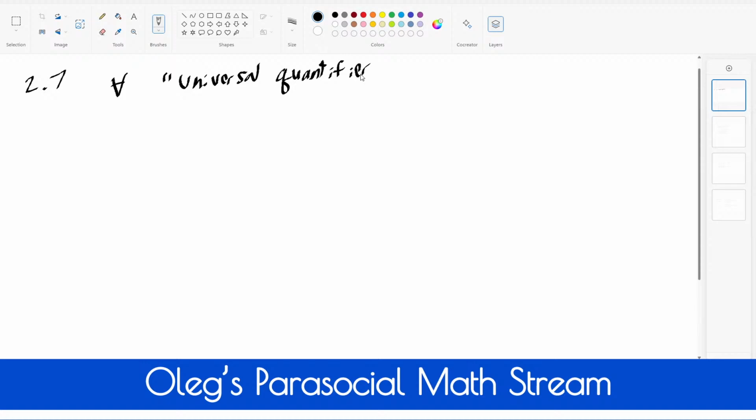Okay, and for turn E, that is called the existential quantifier. Okay, good.